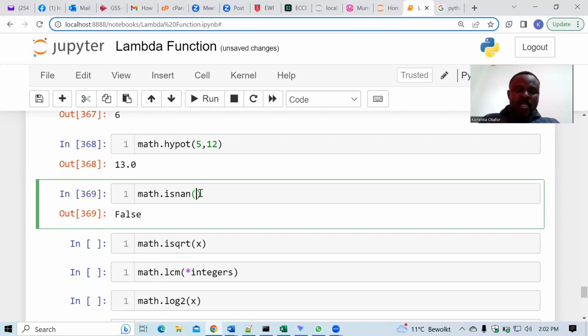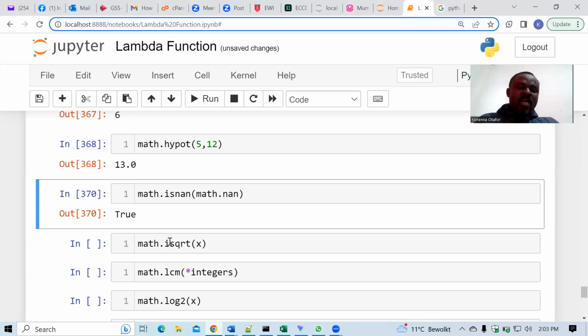For instance, I can say math.nan. So this is like a constant here, right? And it's not a number. So this is going to return true. If I check if math.nan is not a number, it will return true because it's not a number, right? So let's see, guys. We see that it is true. Not a number is not a number. So, guys, that's just what you use the isnan for.